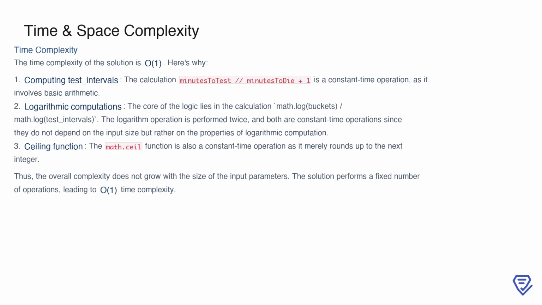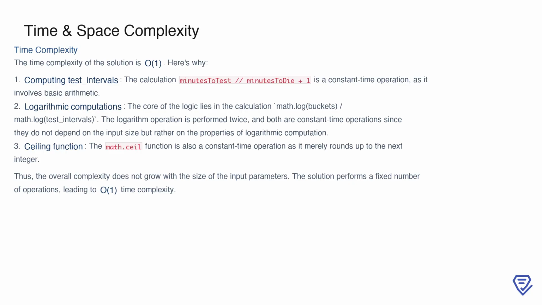To understand why, let's break it down. First, we compute the variable test_intervals with the formula minutes to test / minutes to die plus 1. This calculation involves basic arithmetic and takes constant time, as it doesn't depend on the input size. Next, we use the logarithmic computation math.log(buckets) / math.log(test_intervals).